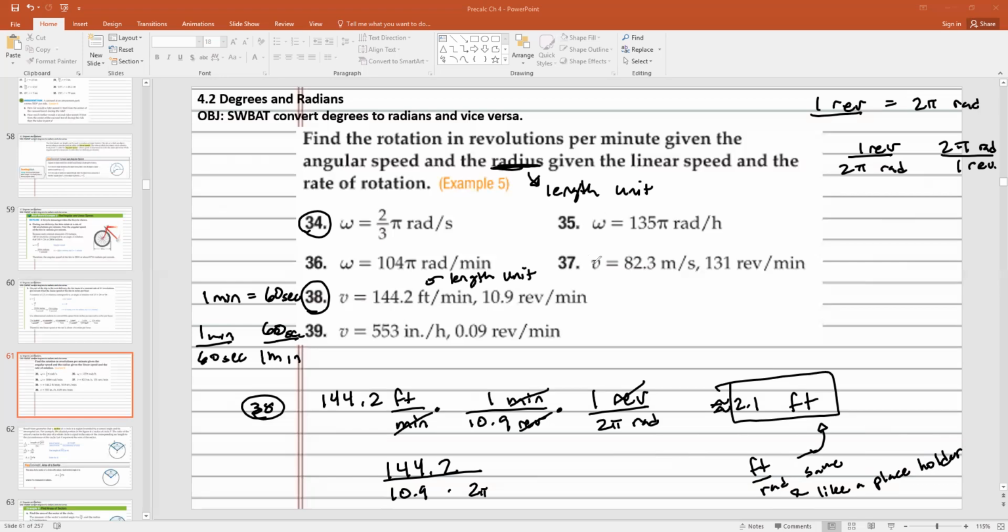And so notice for 37, it's a little different, but I don't want to spend too much time on that. If you want to look at 37, ask questions. If you're wondering about it, let me know and we'll go over it. Let me put this stuff on the notes.